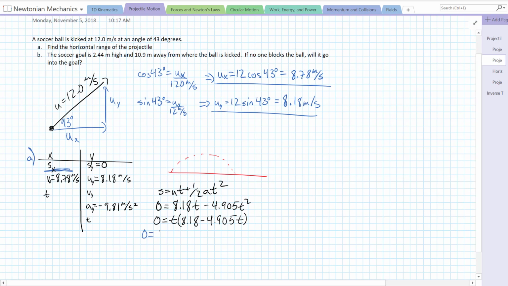0 equals 8.18 minus 4.905 t. We rearrange it a little, we get 4.905 t equals 8.18.